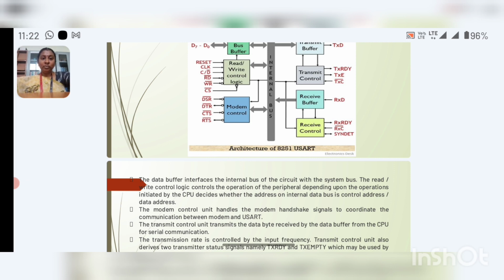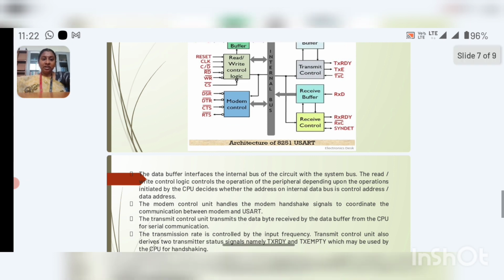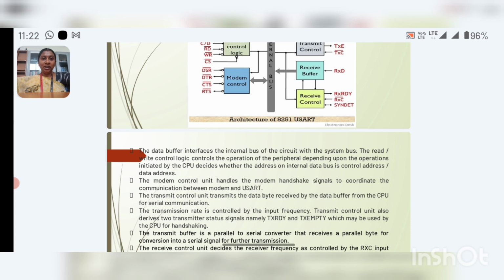Next one is the modem control unit. It mainly handles the modem handshake signals to coordinate the communication between the modem and the USART. Handshake signals are nothing but, if you are sending data from the CPU to the printer, whether the printer is ready for accepting the signal or not is identified by the handshake signals.